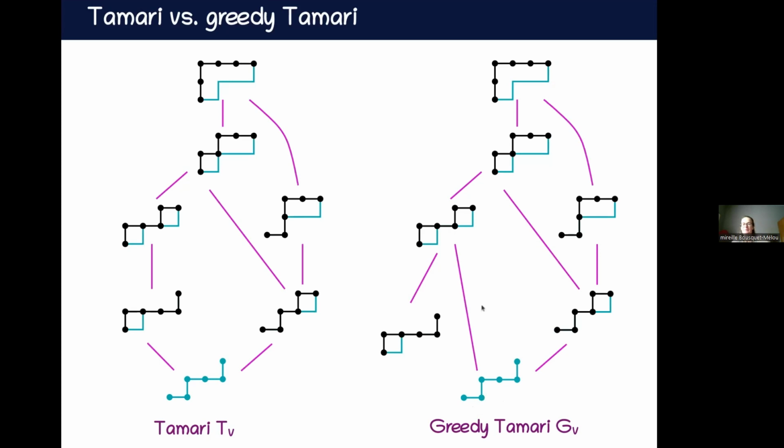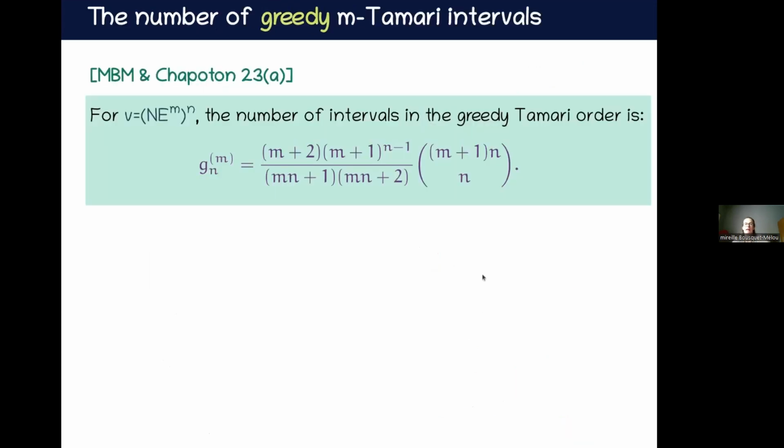And the only recent result that I want to show you on these greedy v-Tamari lattices deals again with the number of intervals in the m-Dyck case. And we found with Frédéric Chapoton a nice map-like formula for the number of these intervals.